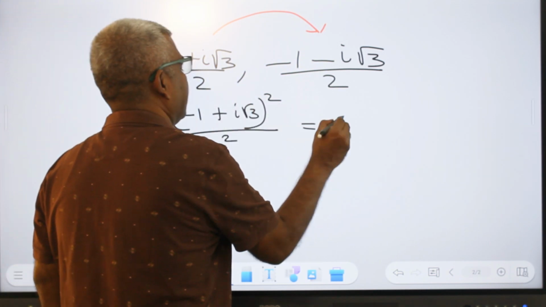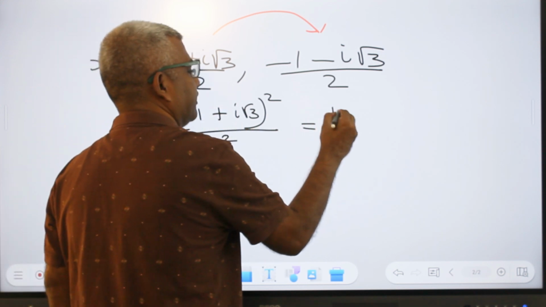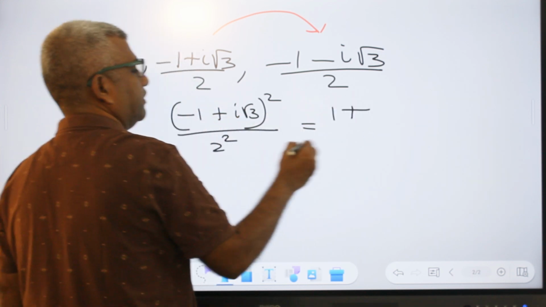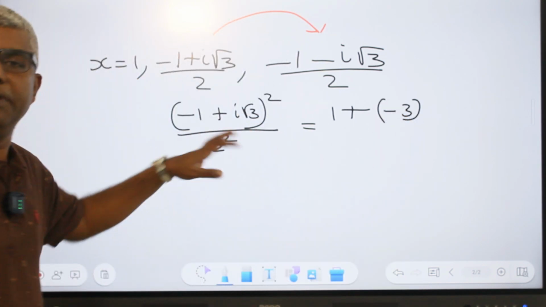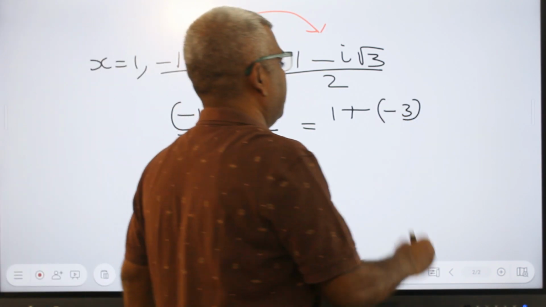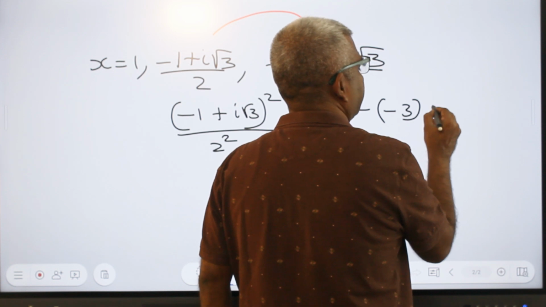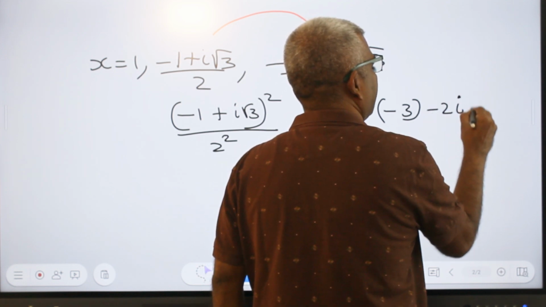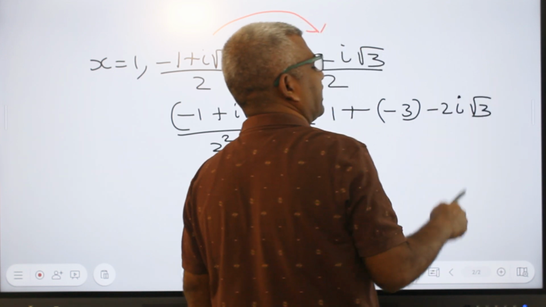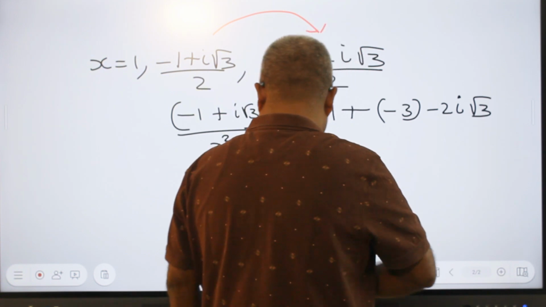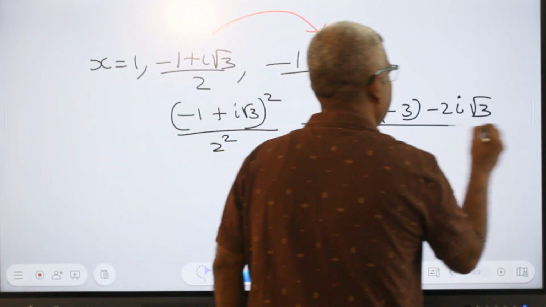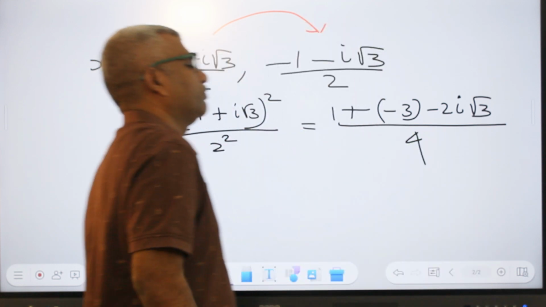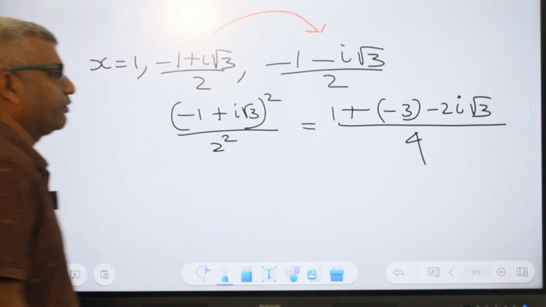A plus b whole square is a square plus 2ab plus b square. A square is 1. B squared is i squared times root 3 squared, which is minus 3. And 2ab is minus 2i root 3. Divided by 4, since 2 squared is 4.